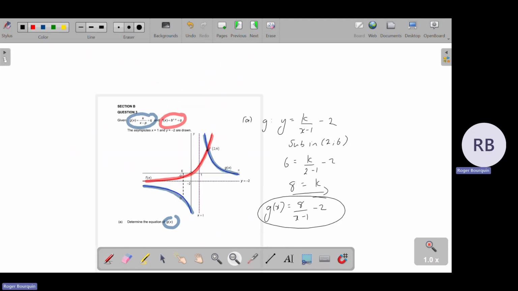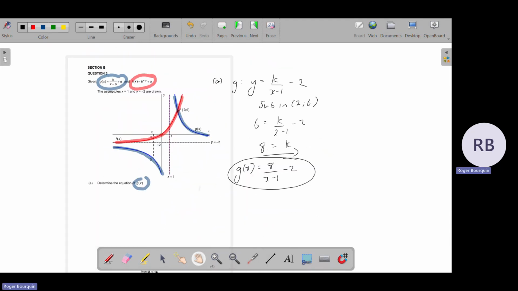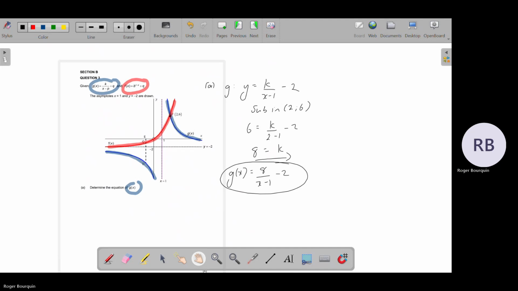Right, then, what is the next question? Okay, B. B was given, and they tell you the red graph, f of x is equal to b to the x plus 1, plus q. You've got to find the equation of it.